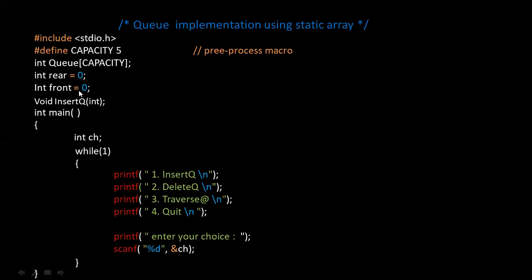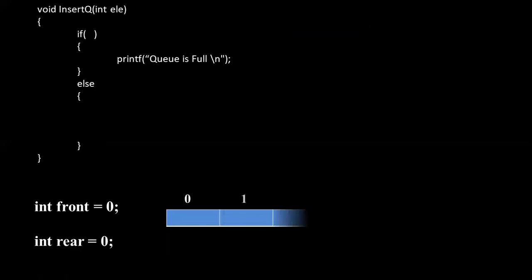Here, in this case, initially the front and rear, if you can see, they are both pointing to the 0th location. So we can insert the elements into the queue by using only the rear variable. As we know, according to the algorithm, we are going to insert the elements from the rear end and we are going to delete the elements from the front end.